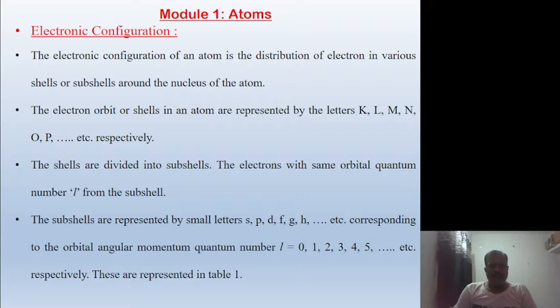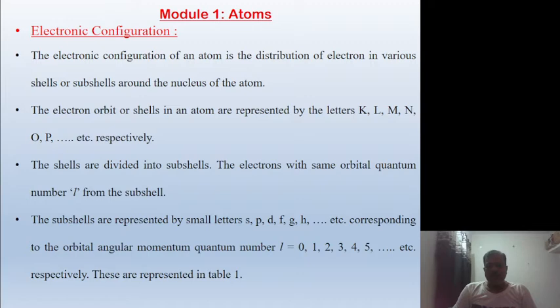The electrons with the same orbital quantum number l form a subshell. The subshells are represented by small letters s, p, d, f, g, h, i, j, k. These are the subshell letters, corresponding to the orbital angular momentum quantum number.